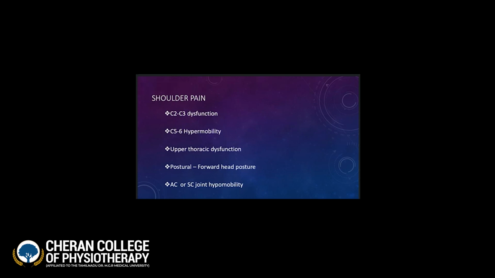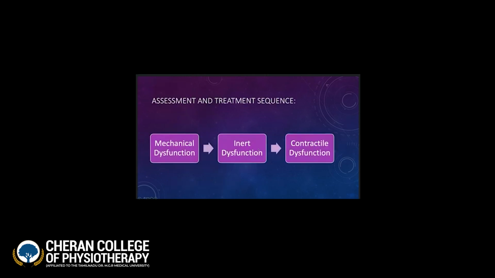These are the sources of the problems: either a C2-3 dysfunction, C5-6 hypermobility, thoracic dysfunction, postural dysfunction, or AC or SC joint. Again, these are just a few. I'm not saying the patient would have all of them at the same time, but the patient would have one or more of these. So when you're doing an assessment or a treatment, try to remember the sequence.